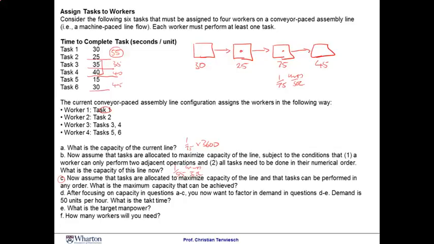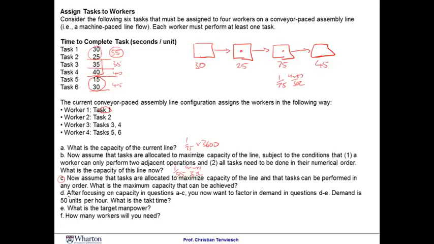Just try it yourself. So maybe you want to combine 30 and 15. It gives you 45 seconds per unit activity time at the bottleneck. Then you could try, you have 55 up here, that makes it longer. Try it yourself. I couldn't come up with anything faster.